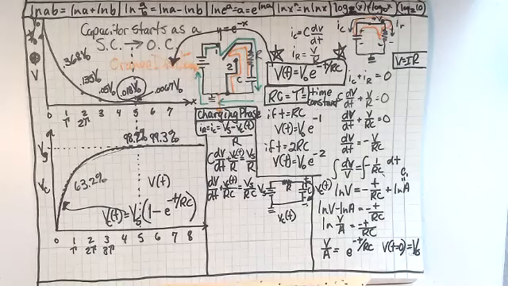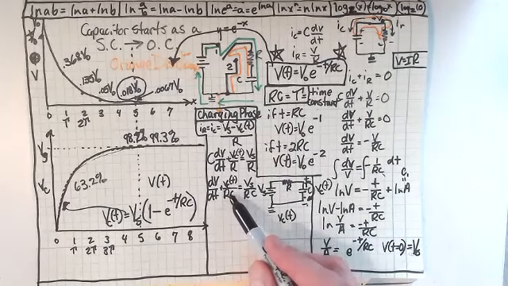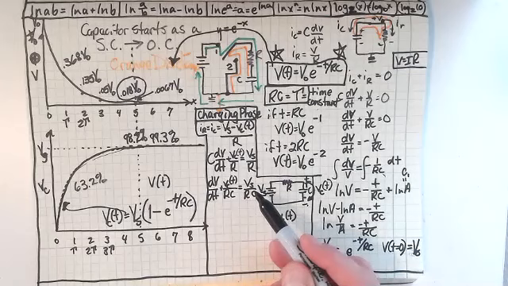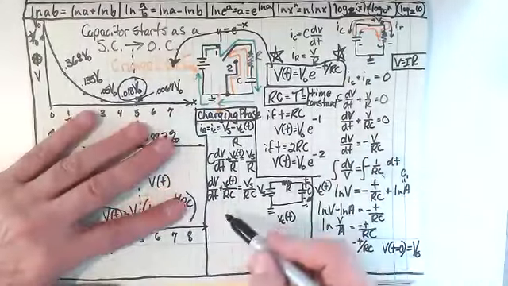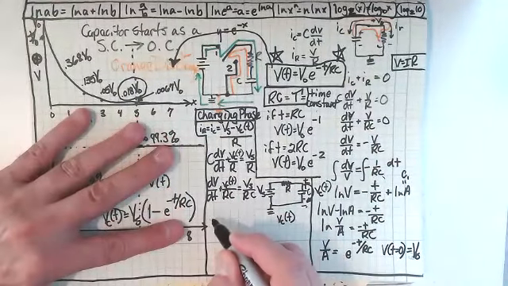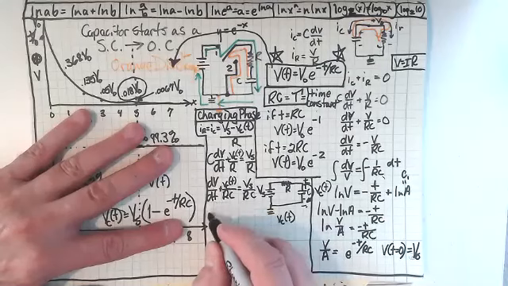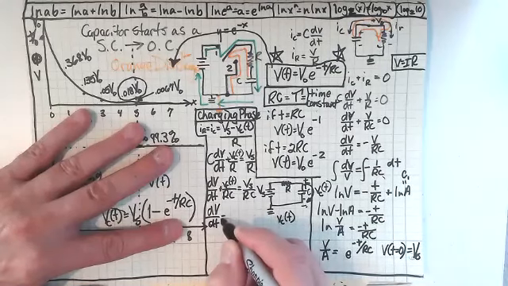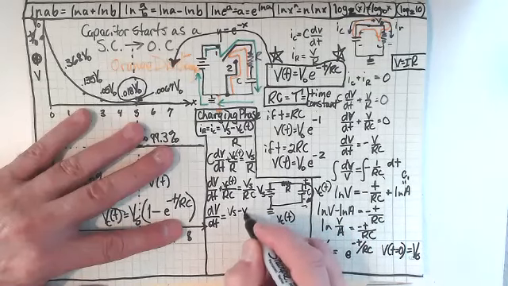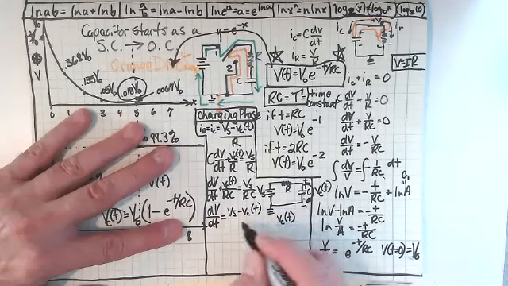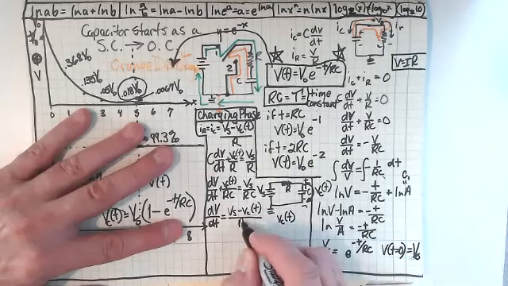What I can do next is take this and bring it over to the other side again. Let's take that over to the other side. So I've got dV over dt equals V sub S minus V sub C at any time t, divided by RC.